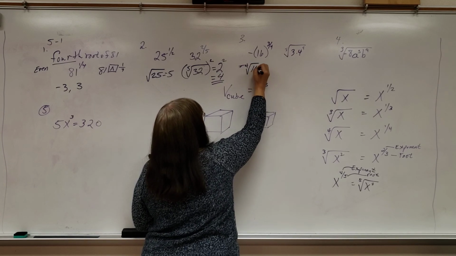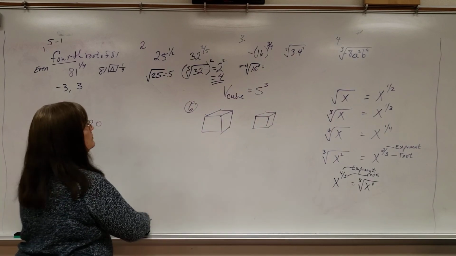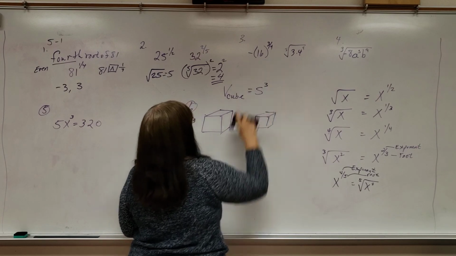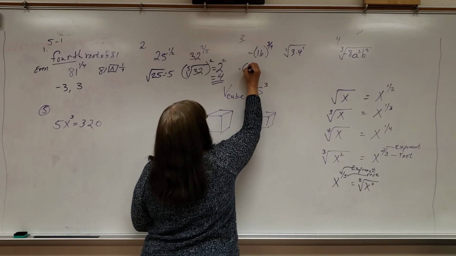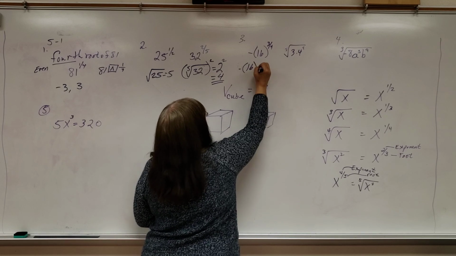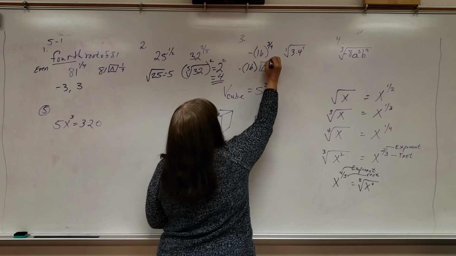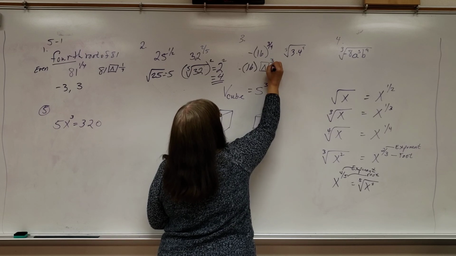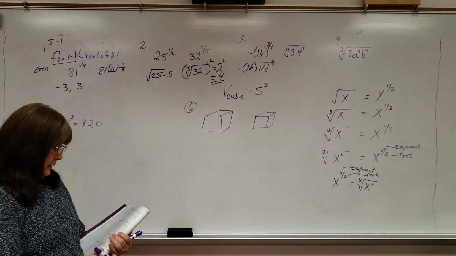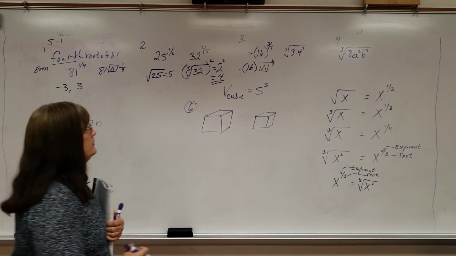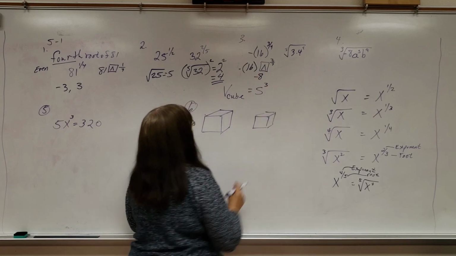Now, if I put this into my calculator, I put in -16, and I put in my caret sign, and I then put in 3/4. So that's putting it into the calculator. When we do this, we are going to get a negative 8.